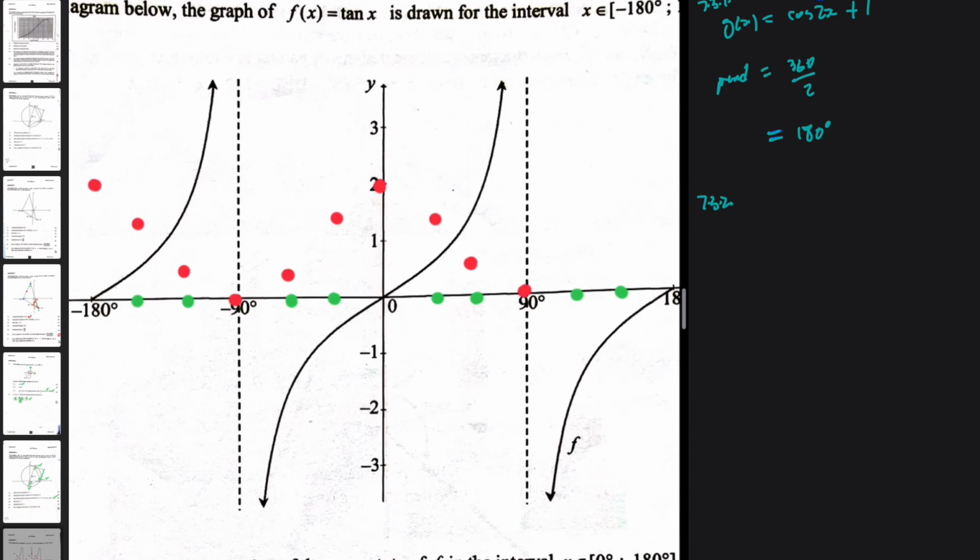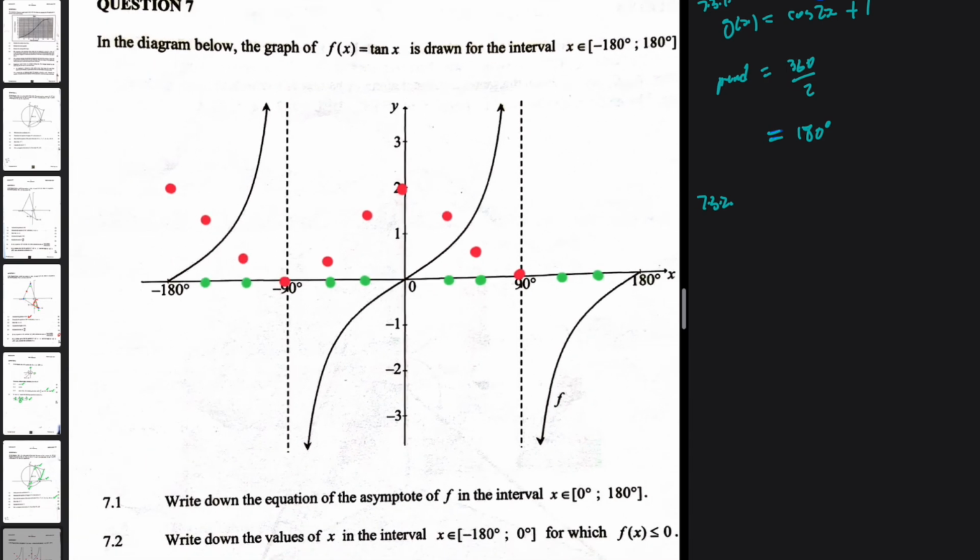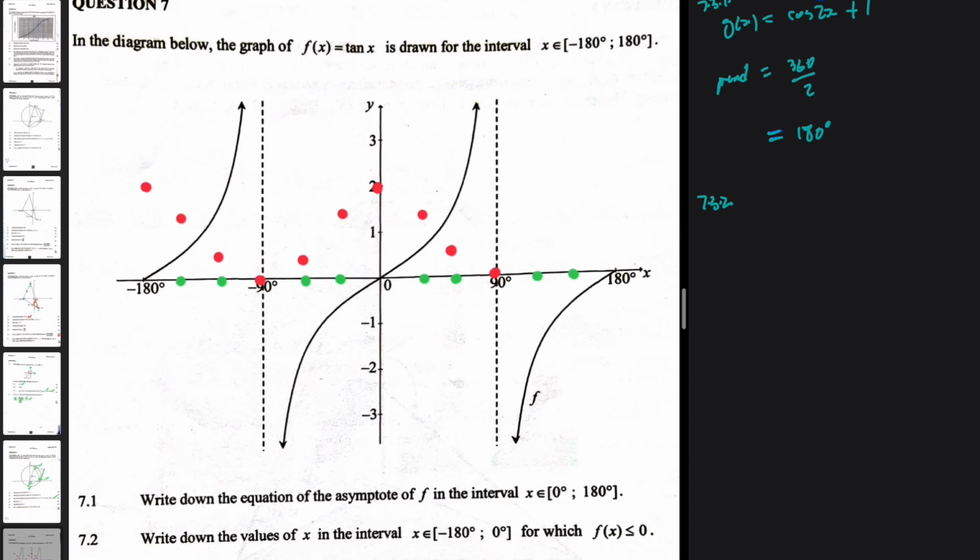Right. These points are important because I need to show all the intercepts. Okay, and then when I substitute 120, I get half again, 150, that is 1.5, and then lastly 180, I get 2.